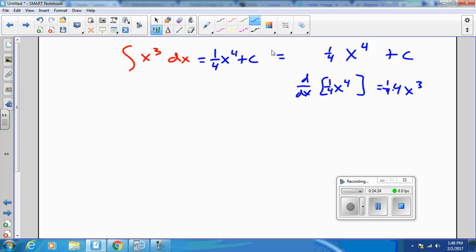Now, let's talk a little bit about the principle of algebra first. Suppose I want the antiderivative of something like this. We would be foolish to just try to take the antiderivative of the top and bottom and divide them.